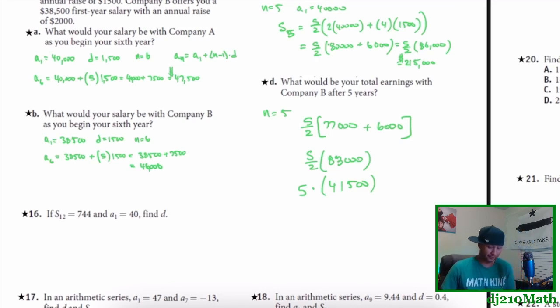I don't need one. So it's 41 and a half. 40, 41 twice would be 82. And then plus 1,000, 83. All right. Times this by 5. This is easy. So 0, 0. 5 times 5 is 25. 5, 6, 7. 207,500. So after 5 years at company B, this is what you would make.